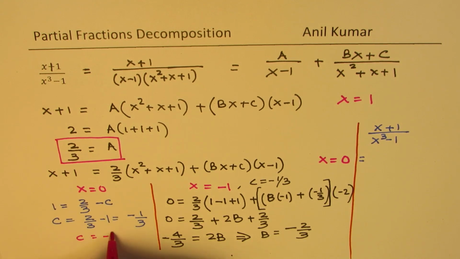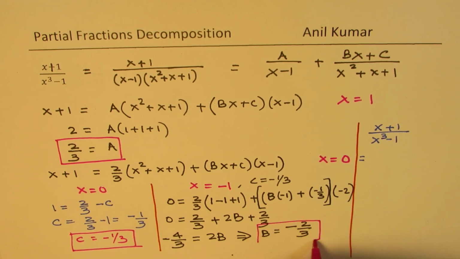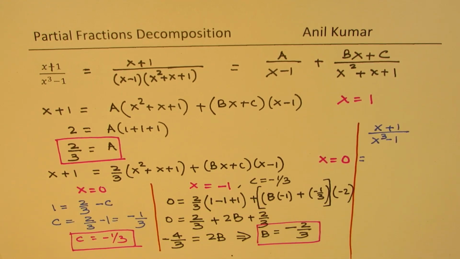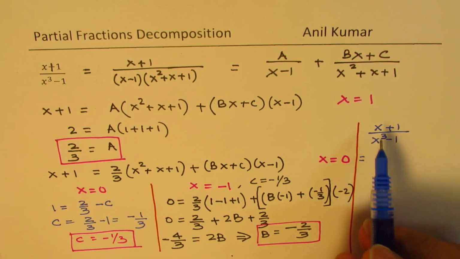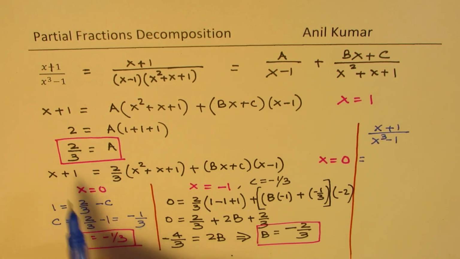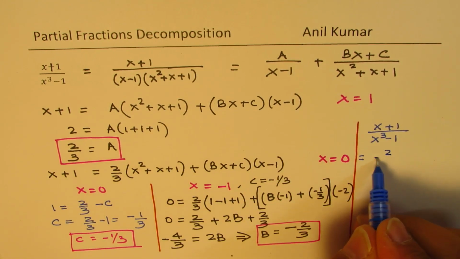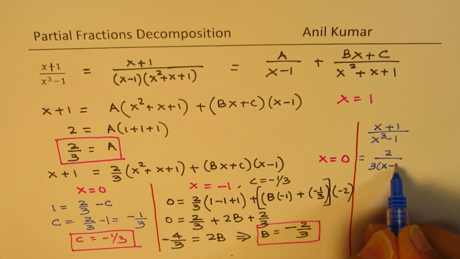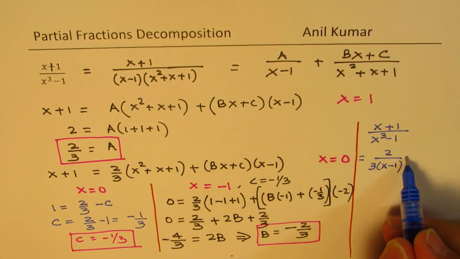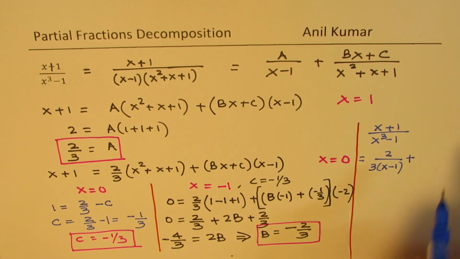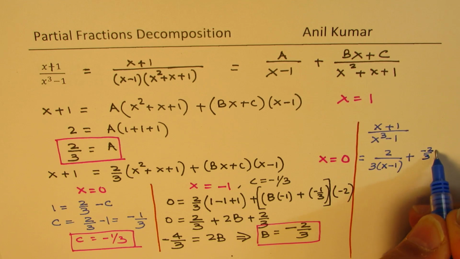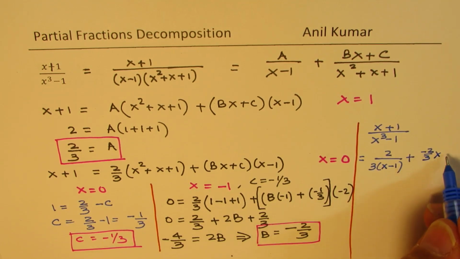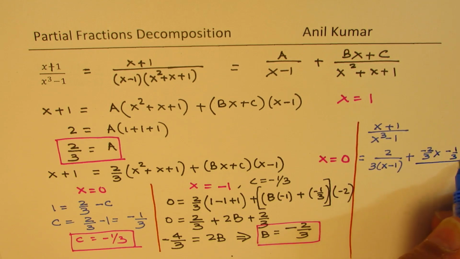Value of c is minus 1 over 3, and b is minus 2 over 3. So we can write this as 2 over 3 times x minus 1, plus minus 2 over 3 x, and c is minus 1 over 3, over x squared plus x plus 1.